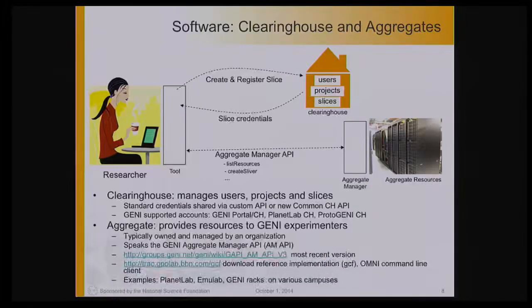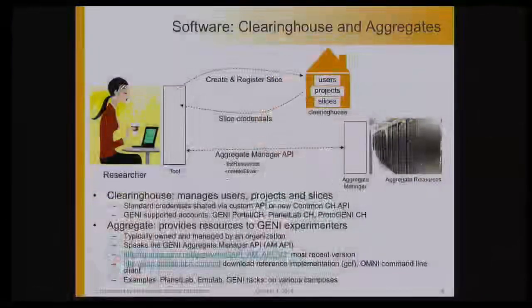The clearinghouse will return to you your credentials to use for that slice, and then you interact with the places that have resources using an aggregate manager API to both provision and control and use those resources during the course of your experiment or your integration or your trial or whatever it is you're running on GENI. So there's some links in here to the software in case you want to take a look at it, and to the API definition in case you want to see how the common API works.